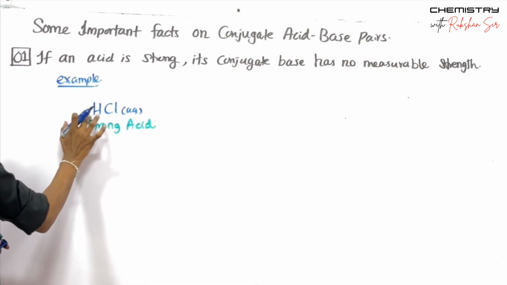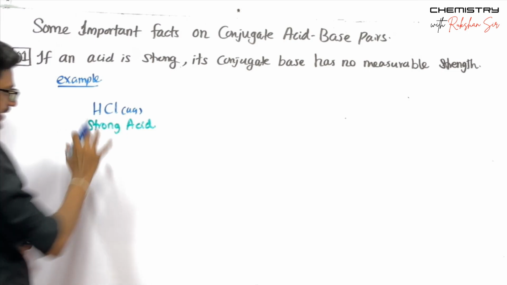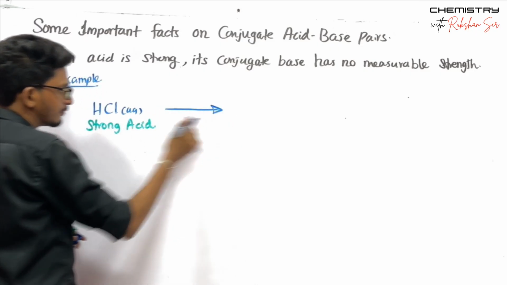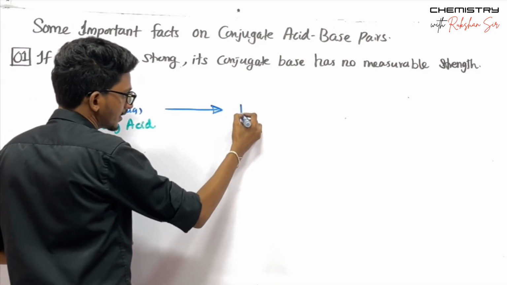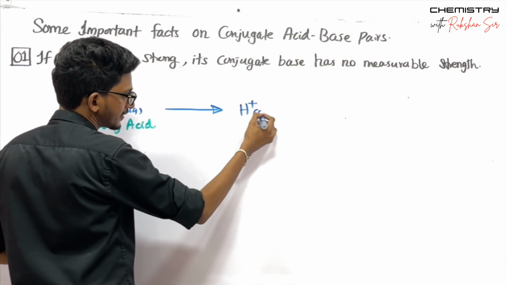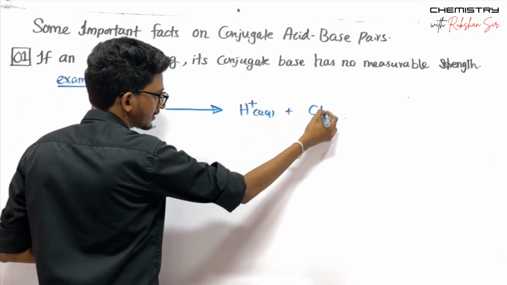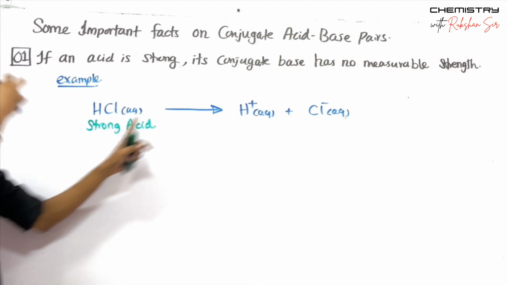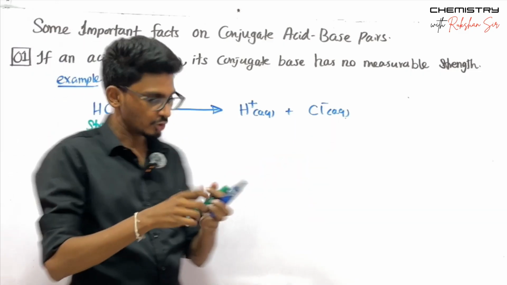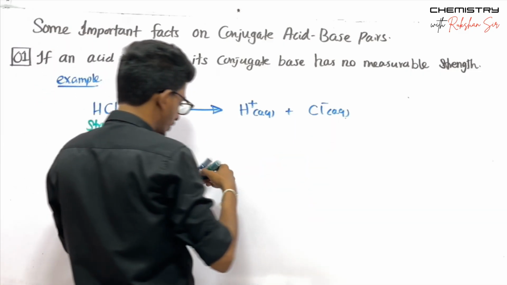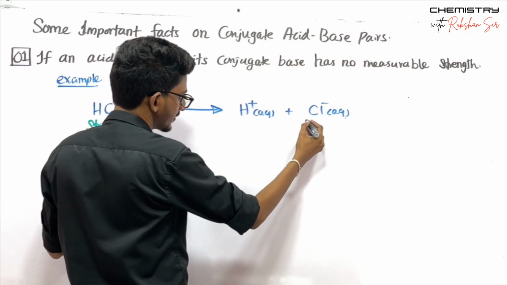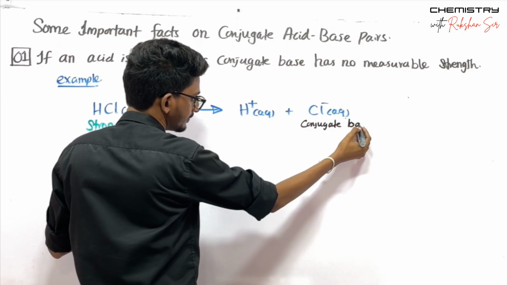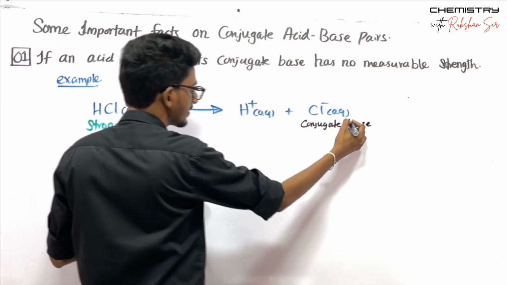We know HCl, being a strong acid, will completely dissociate to H plus and Cl minus. So this is your conjugate base.